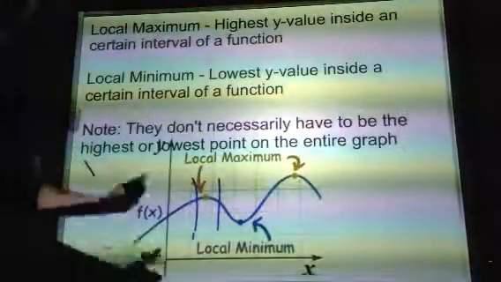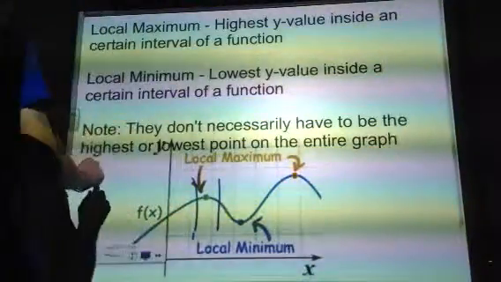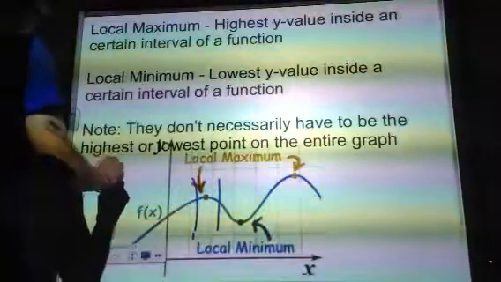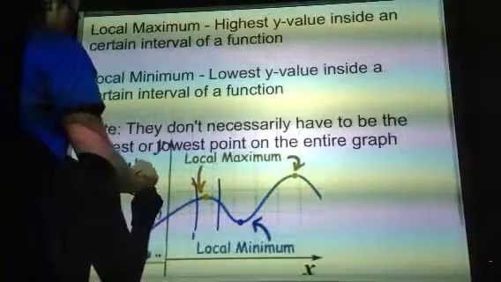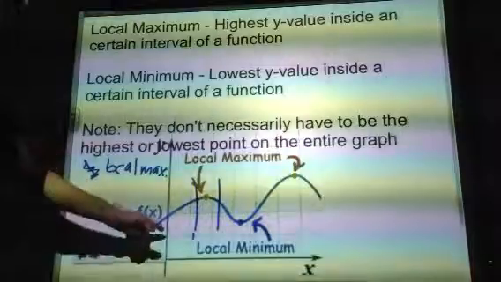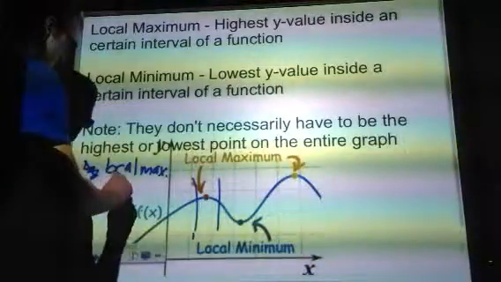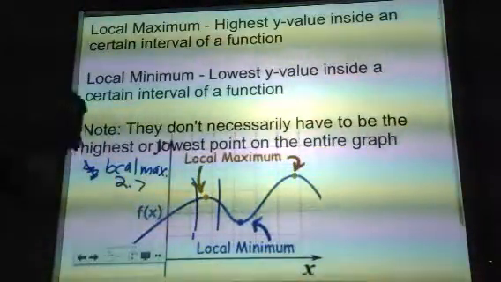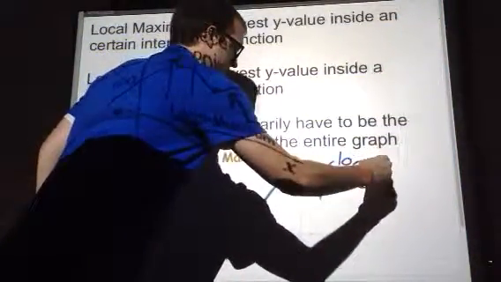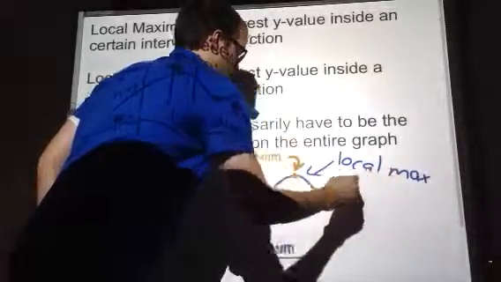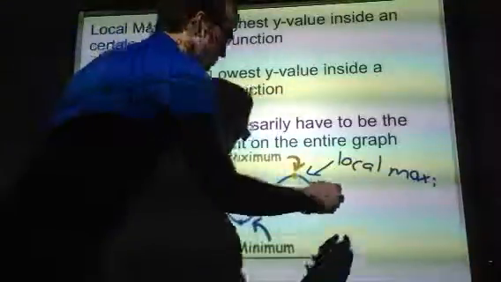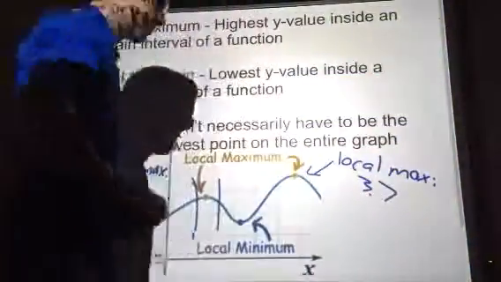All the points around it are smaller than it, so there is a local max at, and we want to name the y value there, so there's a local max at like 2.7. Something like that. Over here, there's a local max of, what is that, like 3.7? I don't know, something like that, okay?